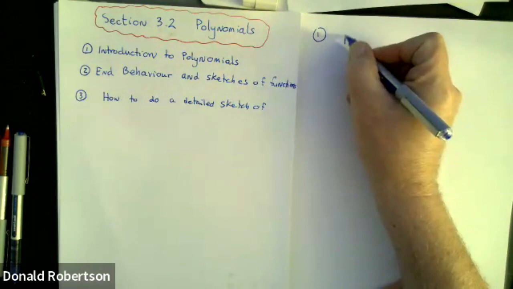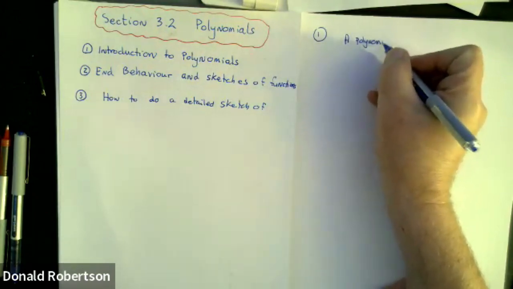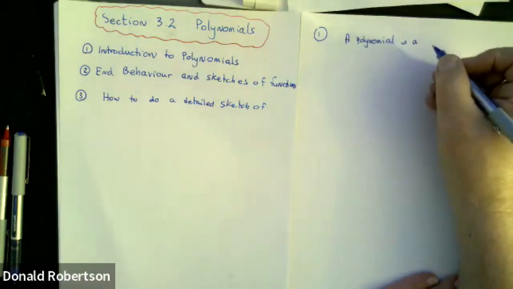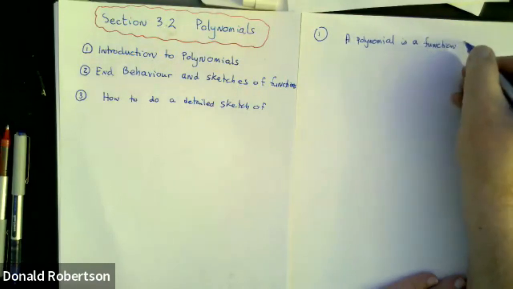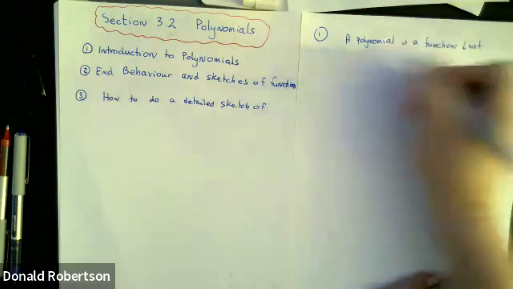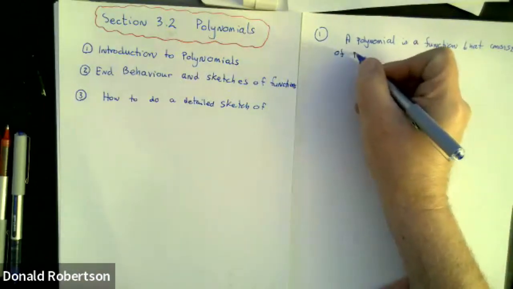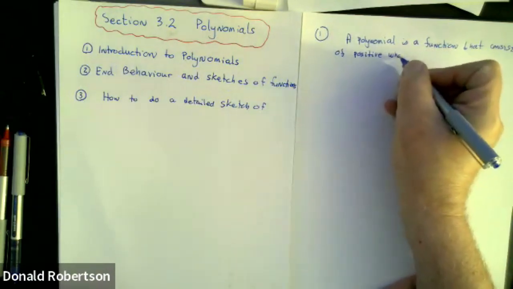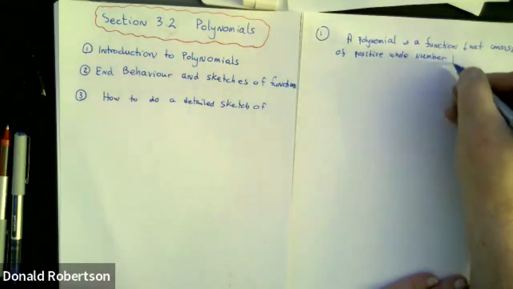So what is a polynomial? Well, a polynomial is a function that consists of positive whole number powers of x.